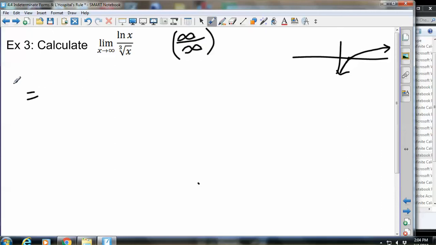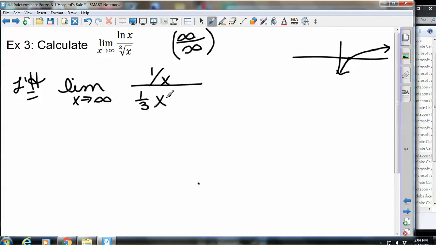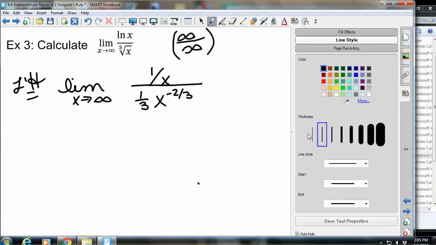So we're going to do L'Hopital's. Okay, natural log of x, the derivative of that is 1 over x. The cube root of x, that's x to the 1/3, so the derivative would be 1/3 x to the negative 2/3. Now, we could do a lot to clean this up before we figure out if we can evaluate the limits.